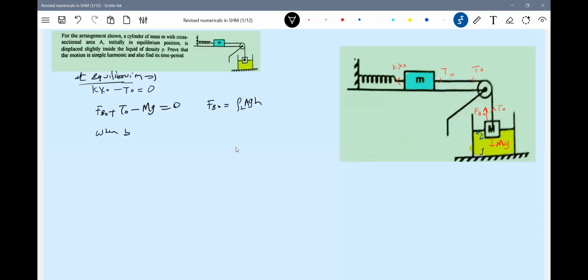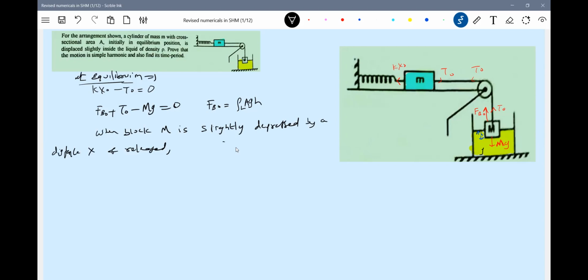Now when block M is slightly depressed and released, you have to find out the time period of oscillation. Slightly depressed by a distance x. Everything I'm putting here and released here.